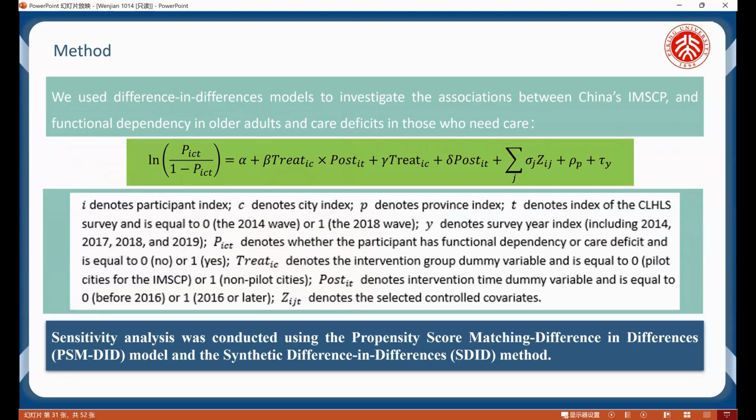I denotes participant index, C denotes city index, P denotes province index, T denotes index of the CLHLS survey and is equal to 0 if the participant is in the 2014 wave.